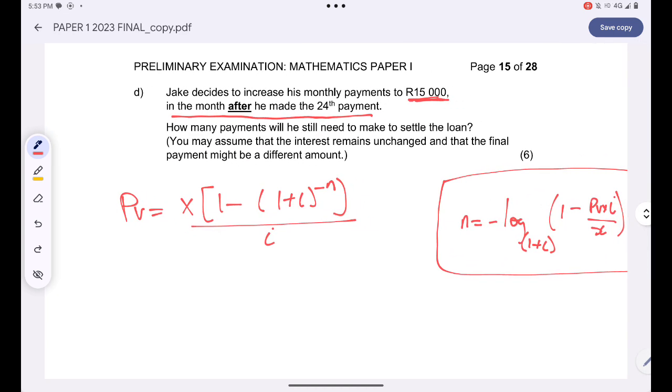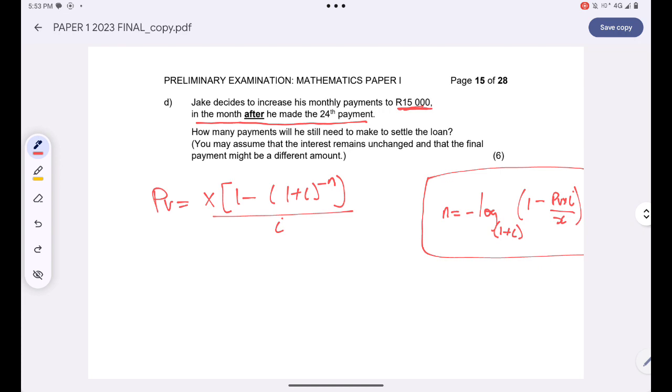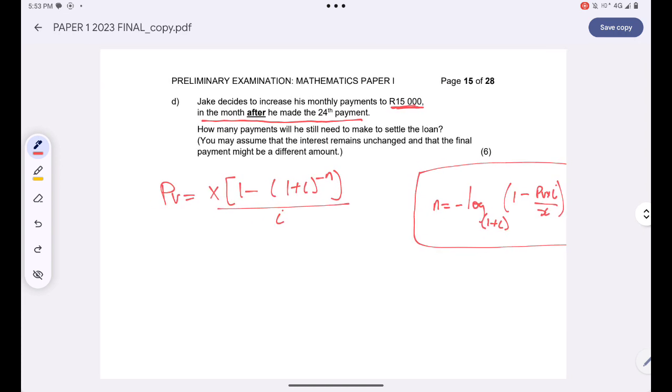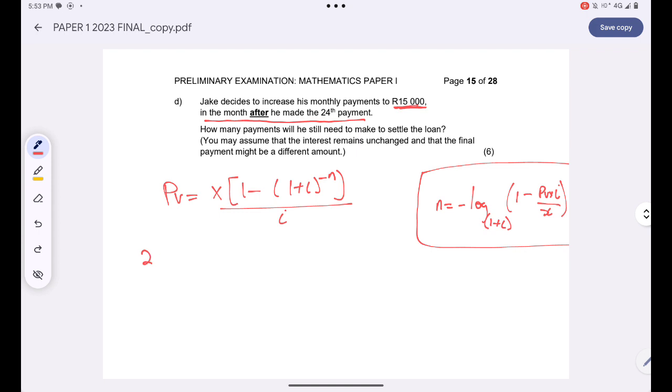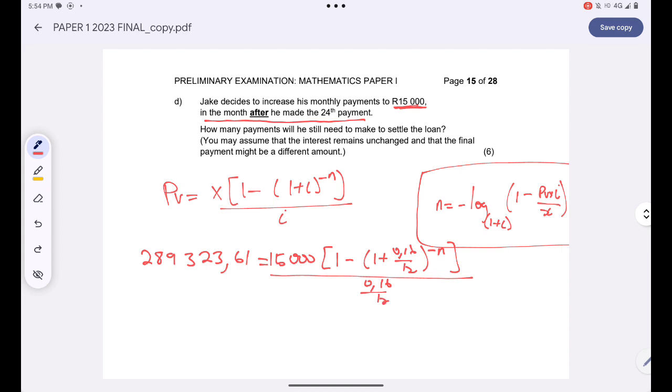Okay, let's just do that. But obviously, guys, we know that substitution has marks. So the present value is just 289,323.61, and the new installment is just 15,000 rands. I have 1 minus 1 plus 0.16 all over 12 to the power of negative n, all divided by 0.16 over 12.